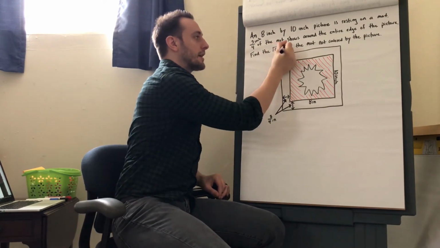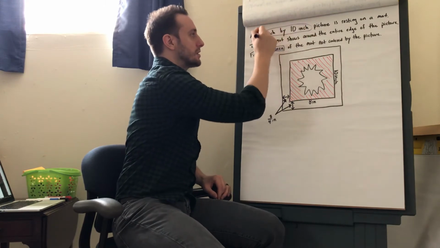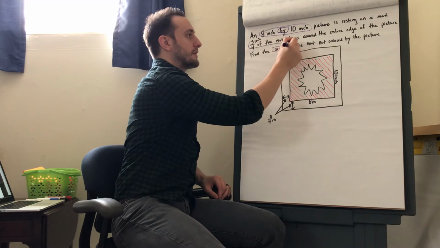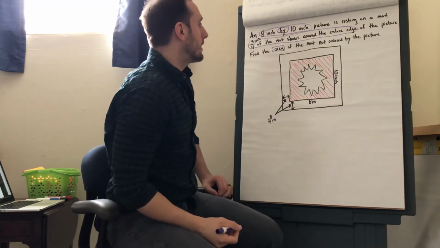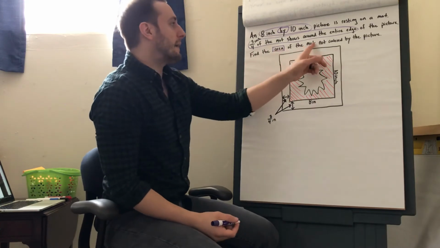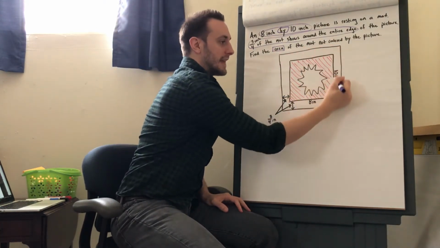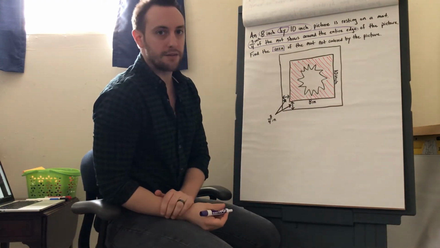So we know that area, okay, we know 8-inch by 10-inch. By means to multiply. 3/4 of the mat shows around the entire edge. That's this. Find the area of the mat not covered by the picture. Well, all of this in the outside little ring here is not covered. We have to find the area of that.